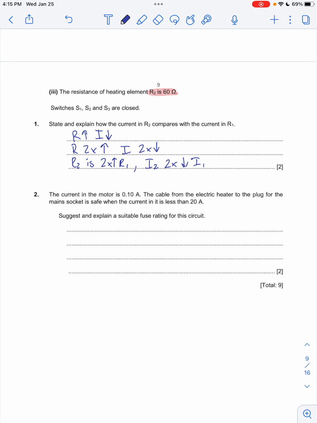So what should I choose as a safety rating for my fuse and why? Remember that a fuse should break before you reach your maximum current. So if my maximum current is 20, then a safe fuse should be rated less than 19 amps.